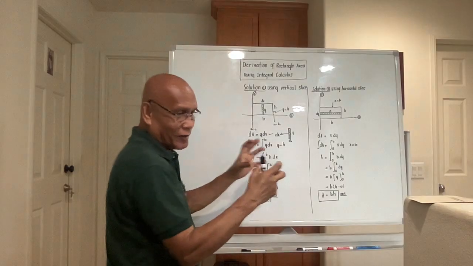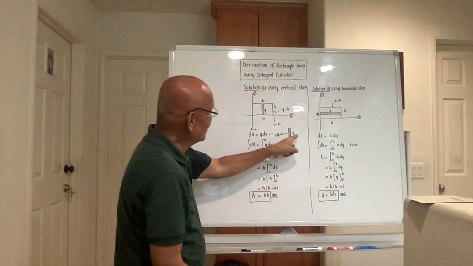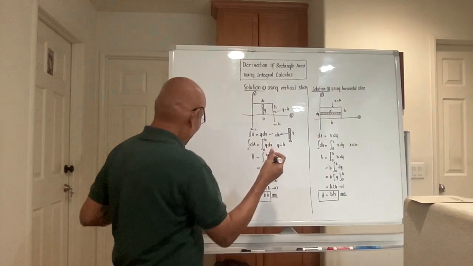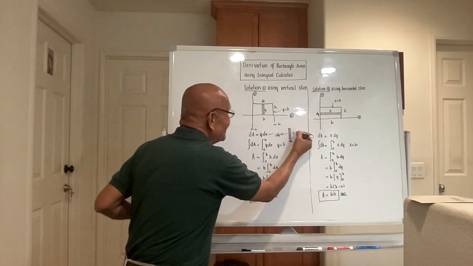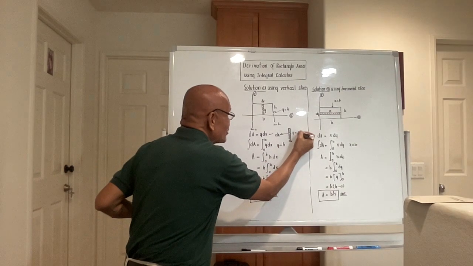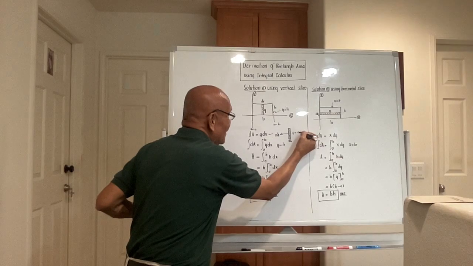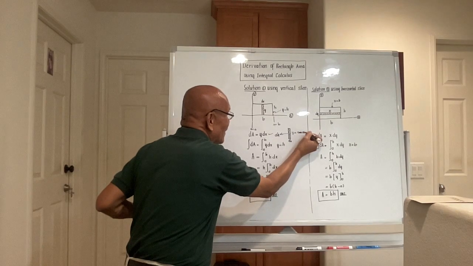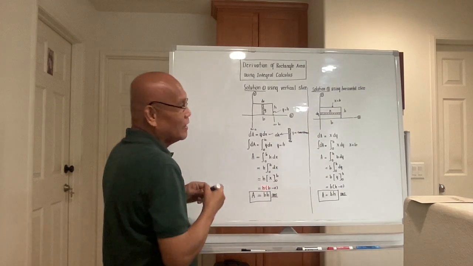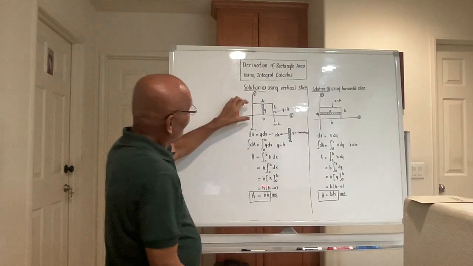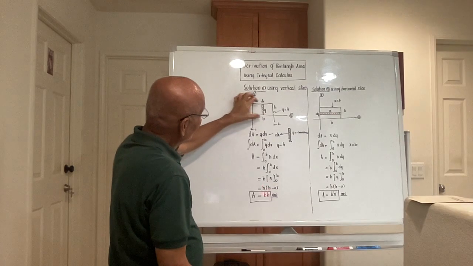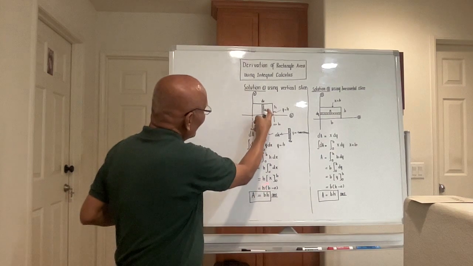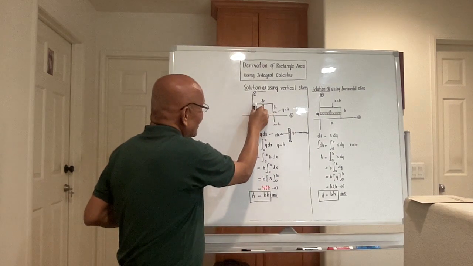Luckily for a rectangle, this y here is constant. It's not variable. Variable meaning from this location here up to here, this y here is not changing.